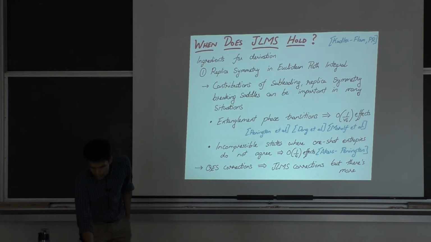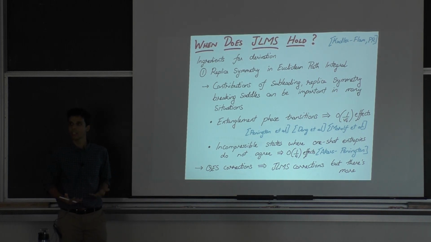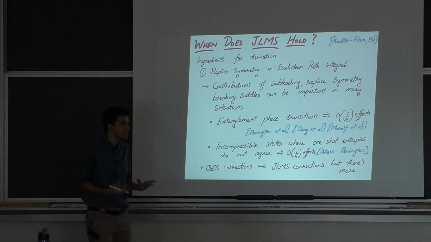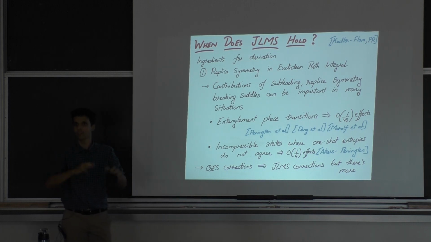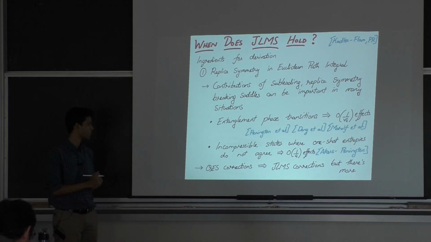If you don't know enough about this, it's fine. The only important point here was that there are situations when the quantum extremal surface formula itself has large corrections. When the quantum extremal surface formula itself has large corrections, naturally you should expect that the JLMS formula also has large corrections, and I won't be able to do anything in those situations. But those are situations where the entanglement wedge itself is not very well defined, and so it's perhaps sensible that we can't do much.